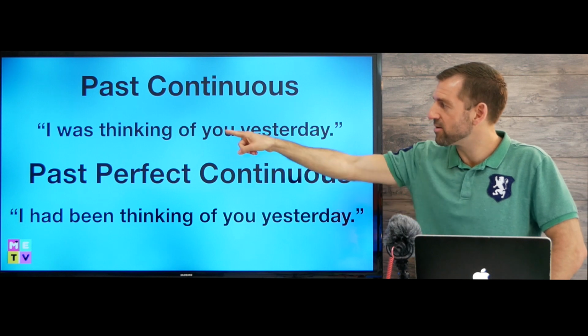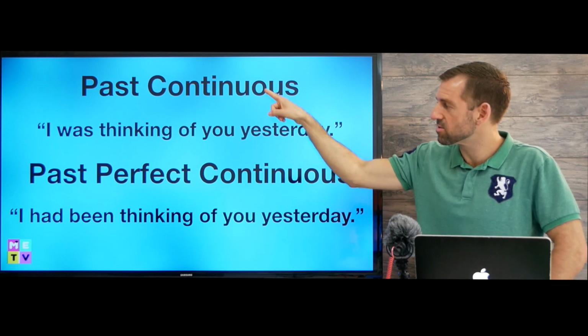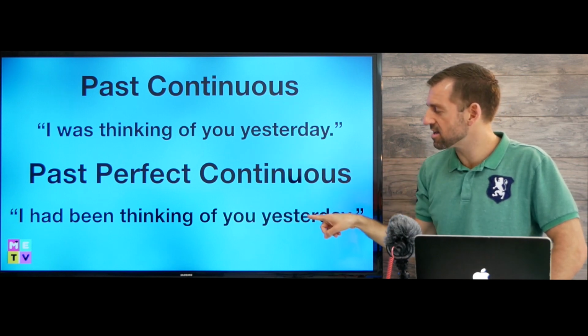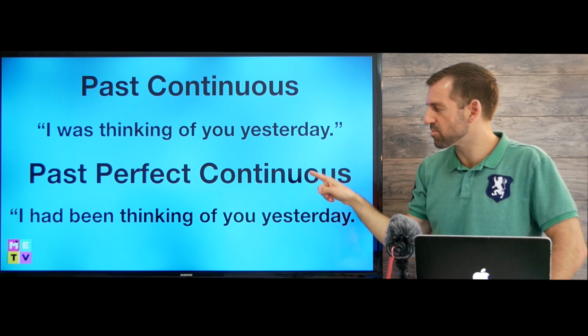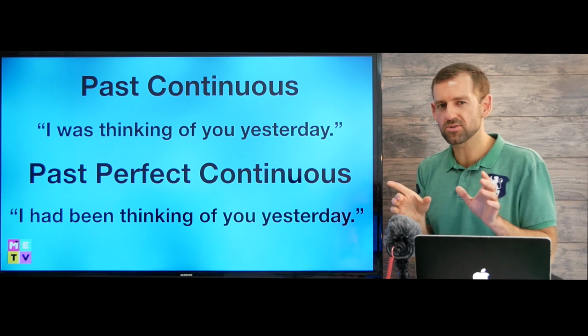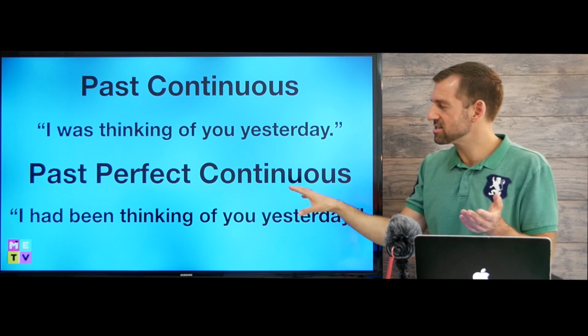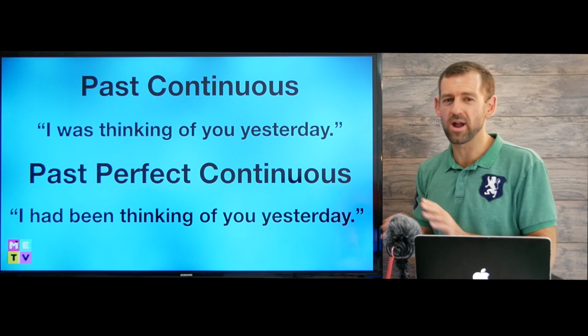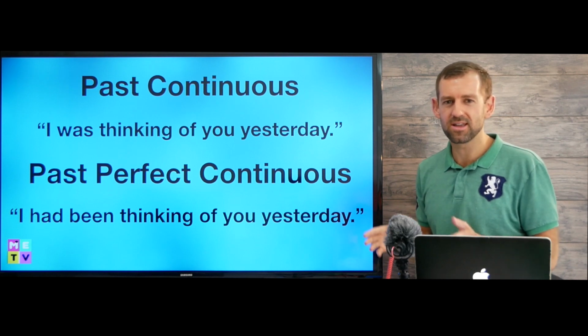Okay? I was thinking of you yesterday. That's the past continuous. I had been thinking of you yesterday. That's the past perfect continuous. So maybe you're not sure which one should I use. Well, I'll tell you, this verb tense is very rare. We rarely use it in English.